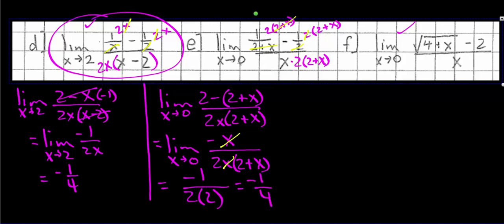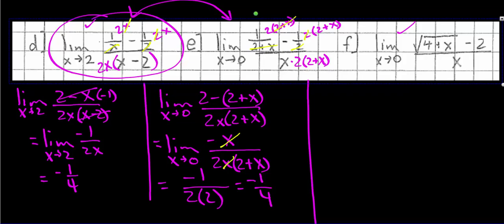Okay, so notice that's the way you deal with these types, where you've got a compound fraction, a fraction within a fraction. Now we've got a radical over here. The way we deal with that is multiplying by the conjugate.